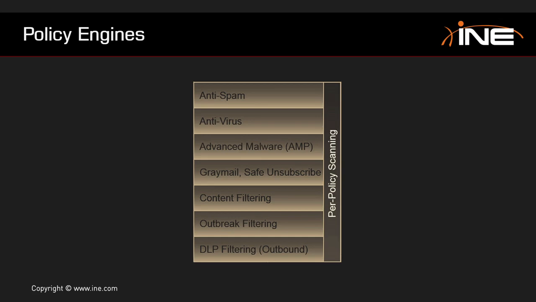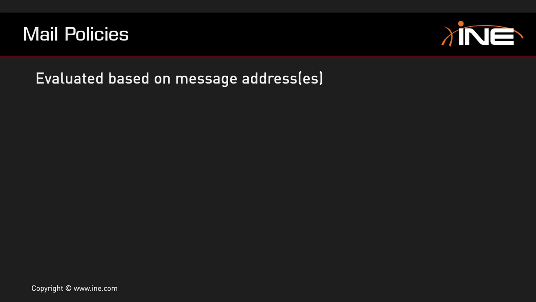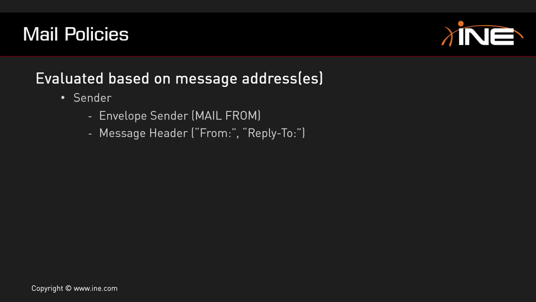Now, probably the most important thing to remember when you add new policies to the policy table, incoming or outgoing, for policy engine scanning, is the address information you want to use as your condition. This is how we are going to build our policies. It's going to be based on the sender information, like from the envelope, or maybe from the message header fields, From or Reply-To.